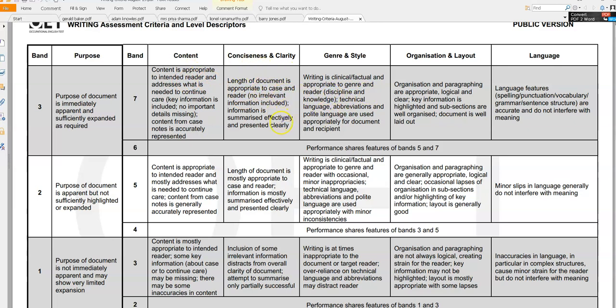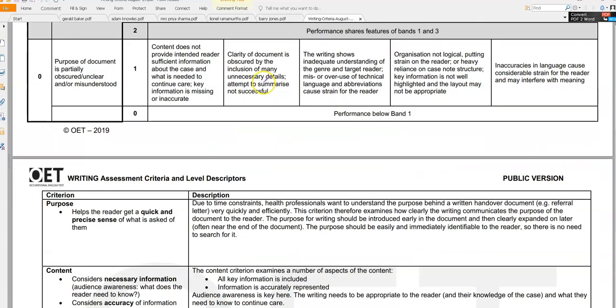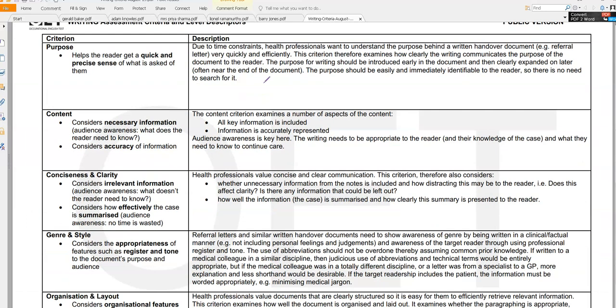What I want to talk about today is the way, for this particular letter, conciseness and clarity needs a bit of work. So, if we look at these keywords: quick, precise sense, purpose, easily, immediately, so there's no need to search. So, how clearly the writing communicates the purpose of the document.